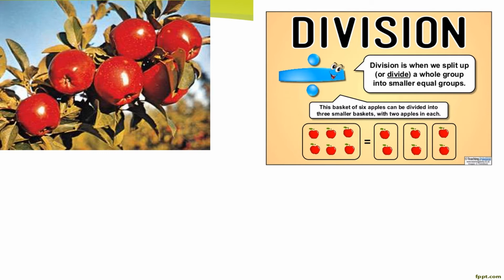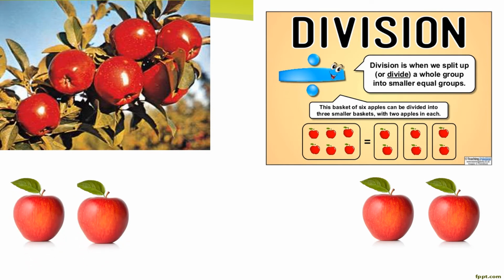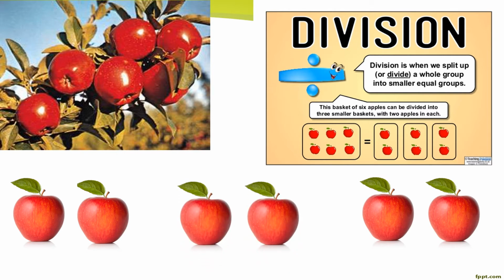I am going to give 2 apples to one person, another 2 to the other one, and finally 2 to the third person. Therefore, 6 divided by 2 is equal to 3. I have divided 6 apples by 2 and shared them into 3 groups.